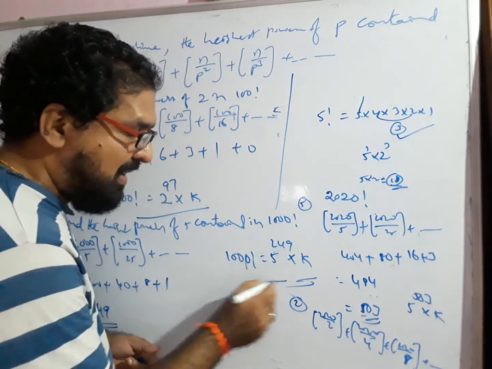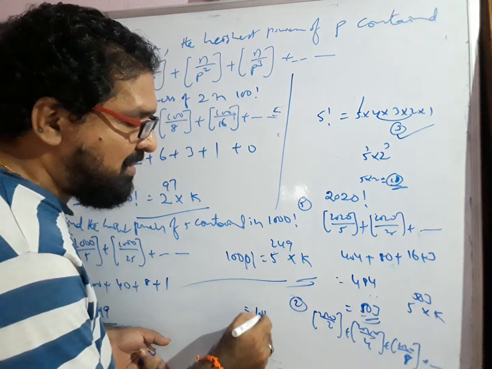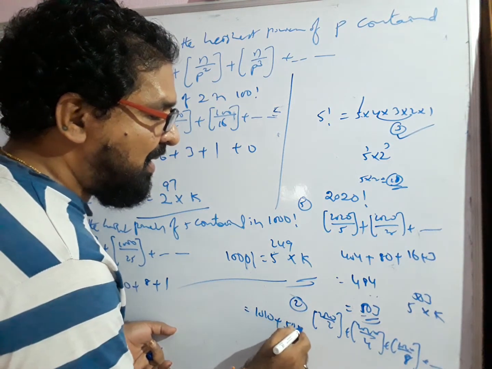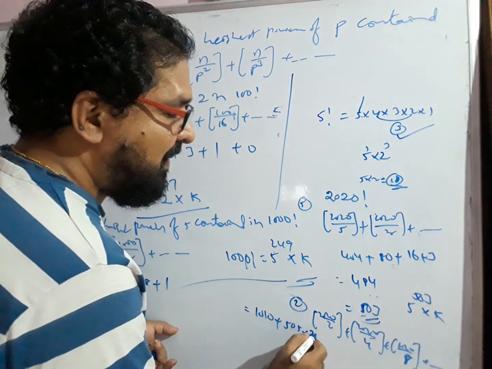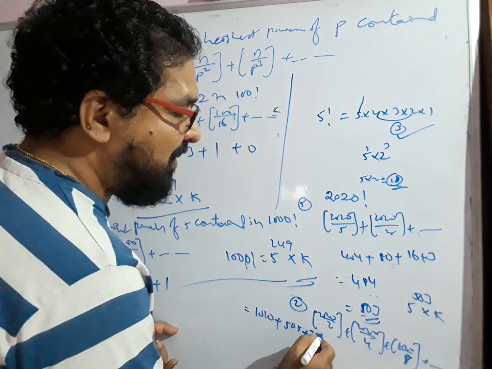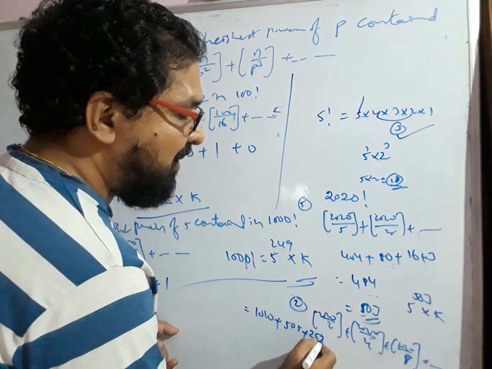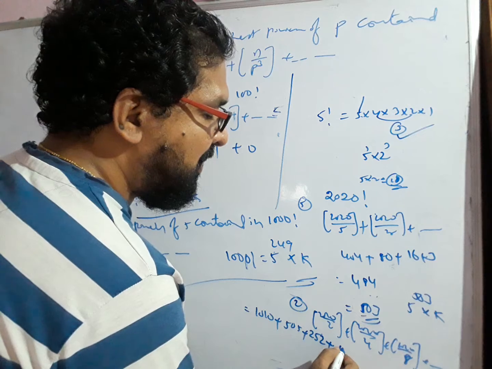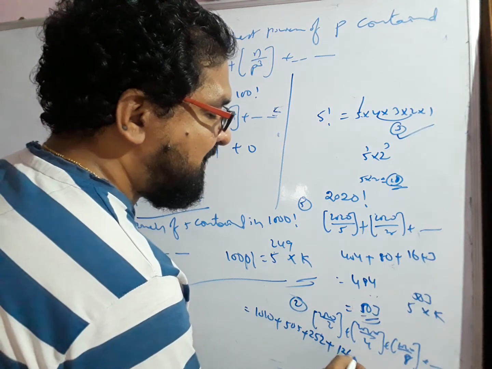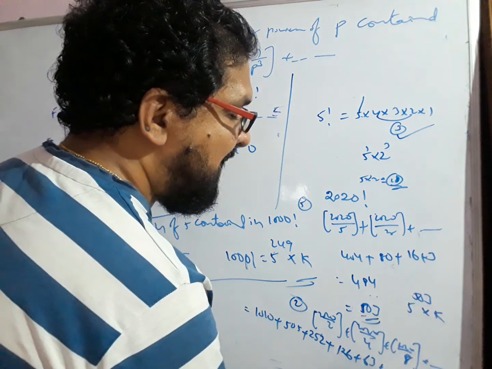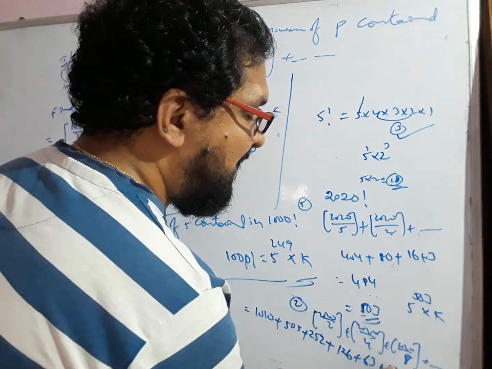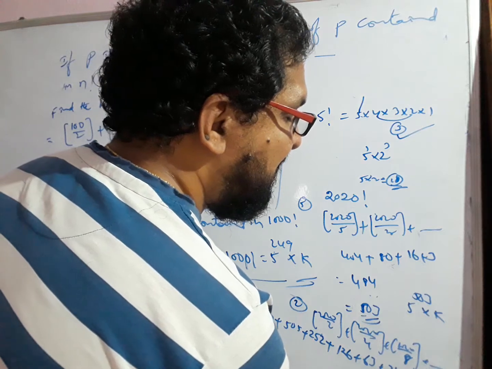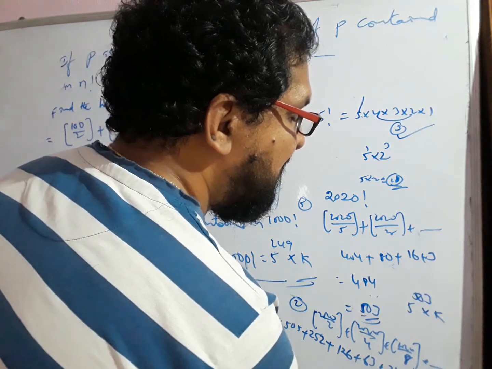So 2020 by 2 means 1010. Again by 2 means 505. Again by 2 means 252. Again 126, again 63, again 31, again 15, again 7, again 3, again 1.